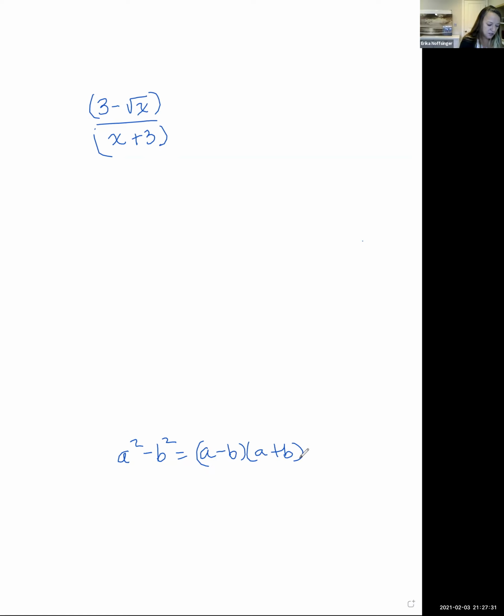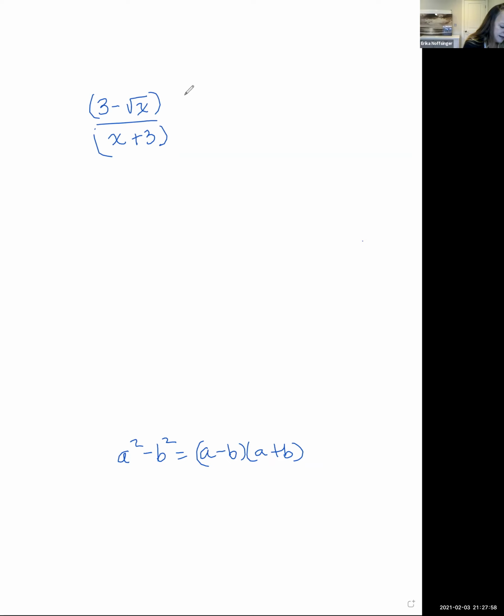So if we multiply by the conjugate and make it look like a difference of two squares, then it's going to get rid of that radical. That's the whole point of multiplying by the conjugate. You might have heard that before, you should have. The conjugate of these two terms is just changing the sign in between. So we're going to multiply by our fancy 1 to get rid of that radical.